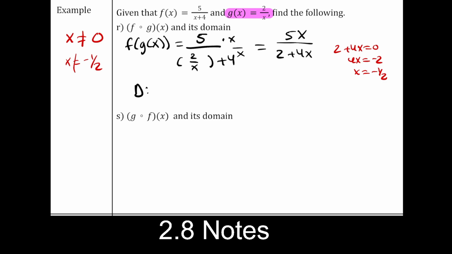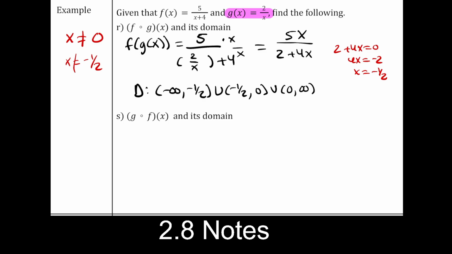That's negative infinity up to negative 1/2, union negative 1/2 up to 0, union 0 up to infinity. And that again is just every real number cutting out negative 1/2 and cutting out 0. Okay? And that comes from our purple highlighted portion and then our final portion where the bottom can't be 0.